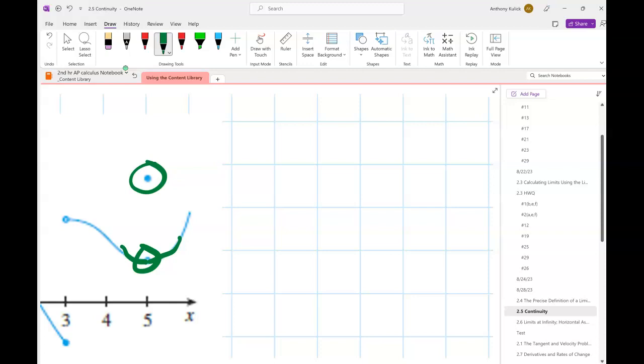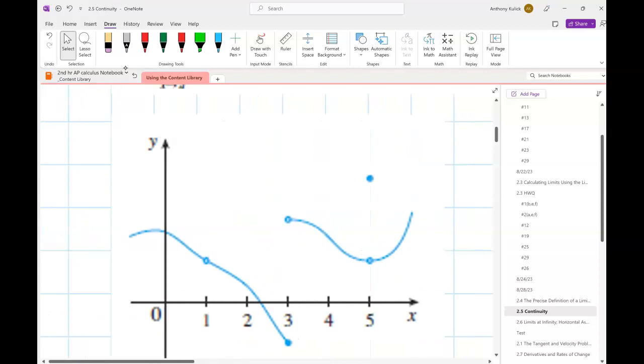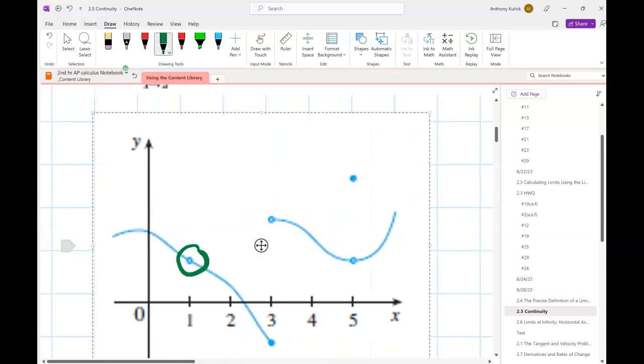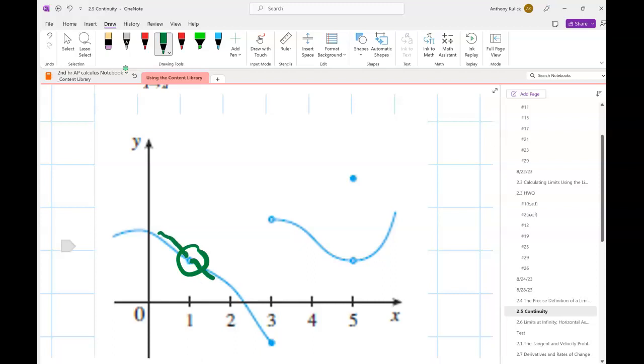So why would 1 be discontinuous and just undefined? 1 is not continuous because the limit exists, it goes to this value. F of 1, though, is undefined. There is no point at x equals 1. Because if you look at this, what kind of discontinuity is that?